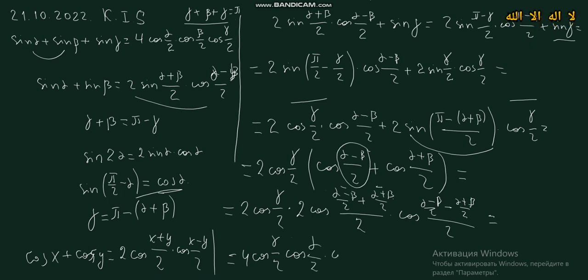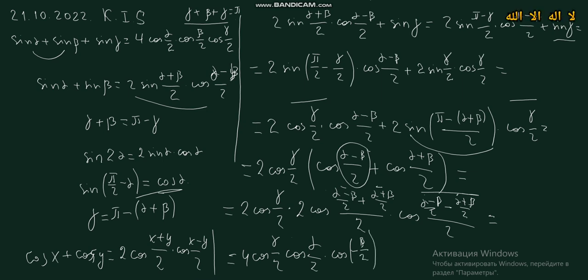And in the other cosine, alpha minus alpha equals 0, and minus beta minus beta over 2, so we have cosine of minus beta over 2.